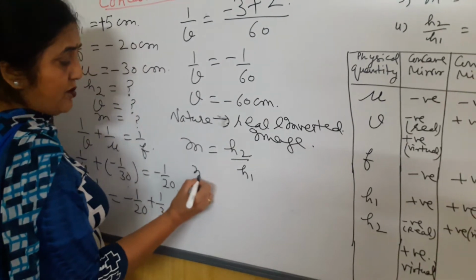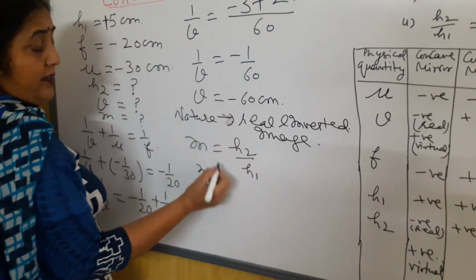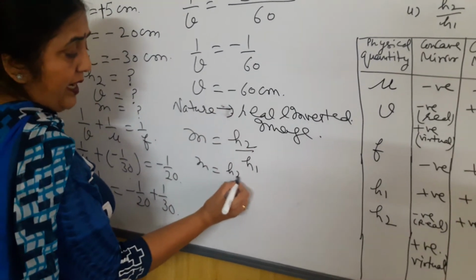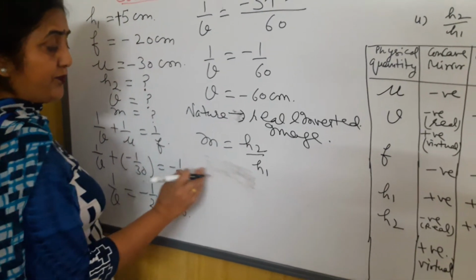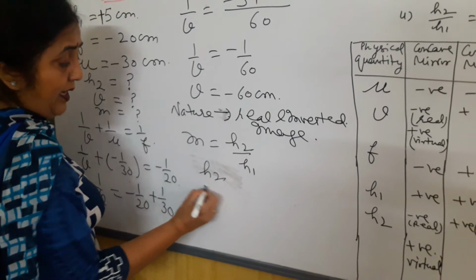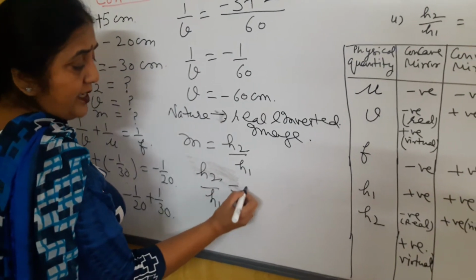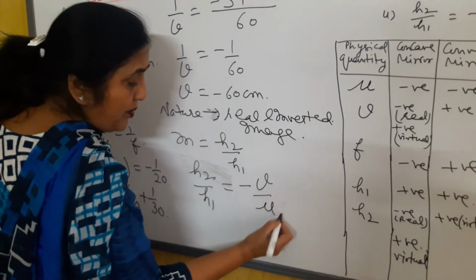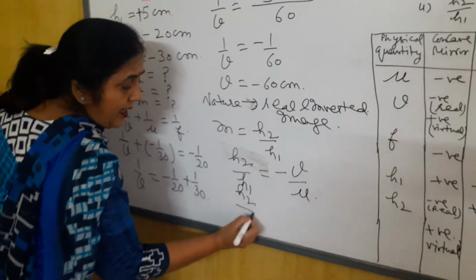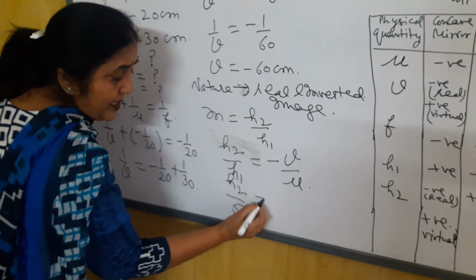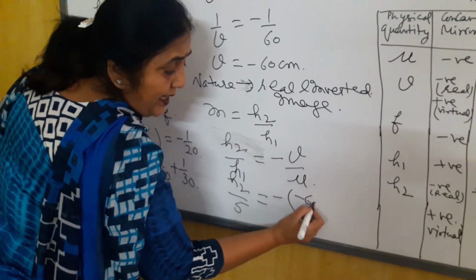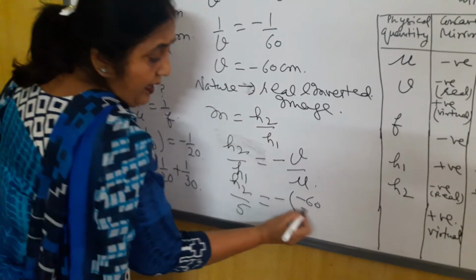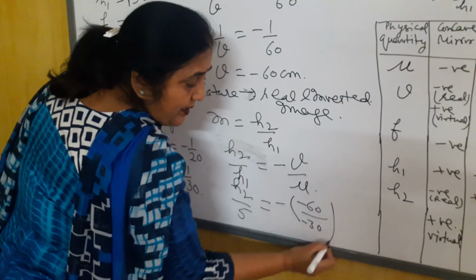Now we will find out magnification. Magnification is h2 upon h1. Height we don't know, we will calculate height first by the formula h2 upon h1 is equal to minus v upon u. h2 is unknown, h1 is 5. Minus sign of formula, minus sign of v, and minus 30 of u.